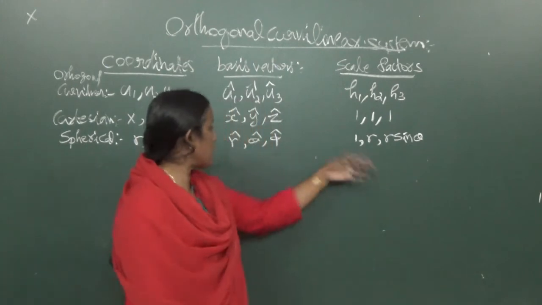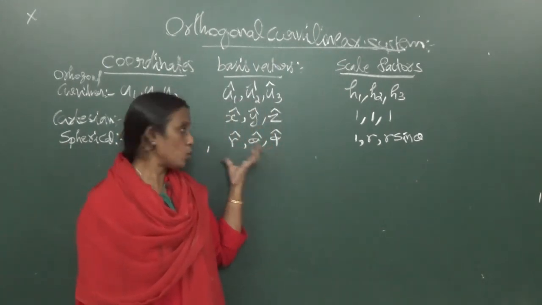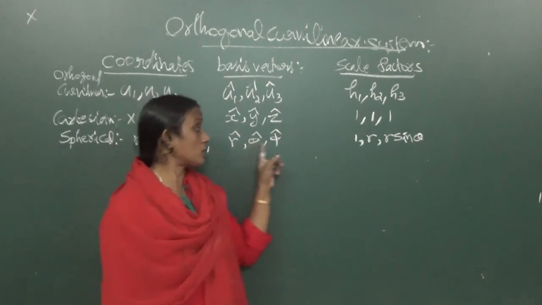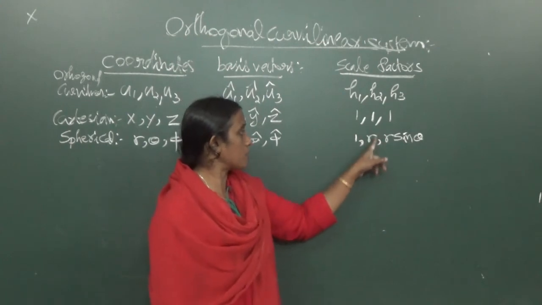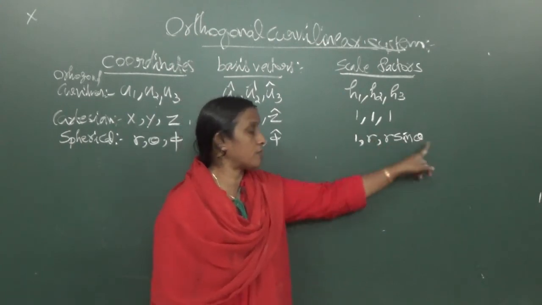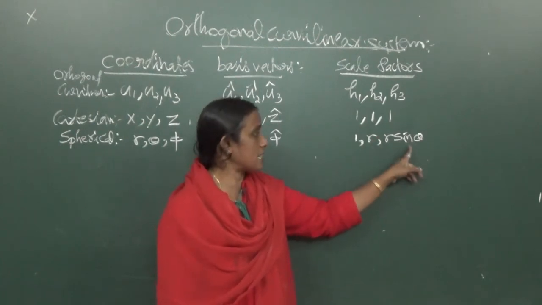So you can see that though these basis vectors are unit vectors, the coefficients are not constant, because theta cap is connected with r and phi cap is connected with r sin theta, etc. These are called the scale factors.